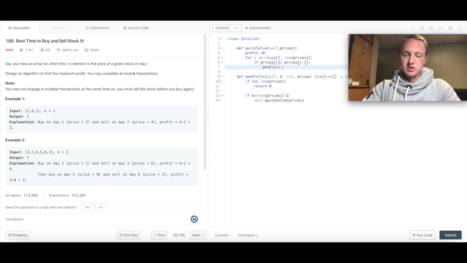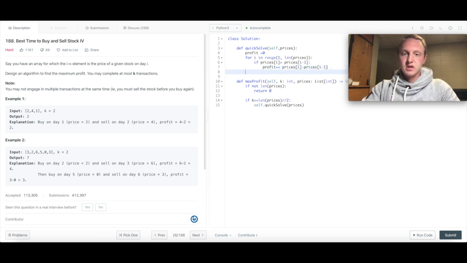Profit plus equals the difference, prices[i] minus prices[i-1], and we return profit. And here we obviously return the result right away.